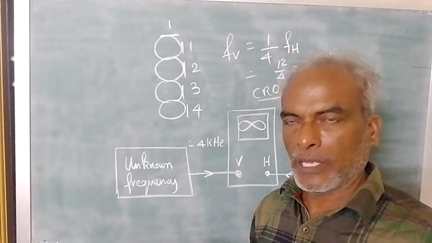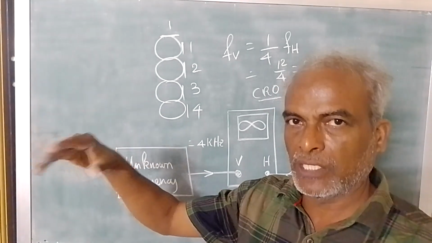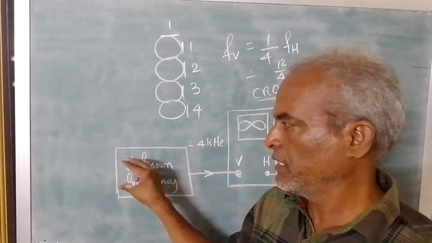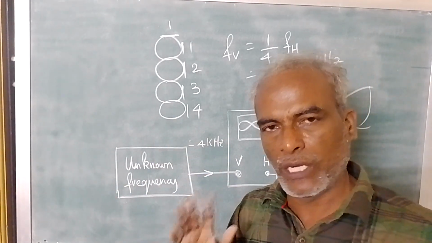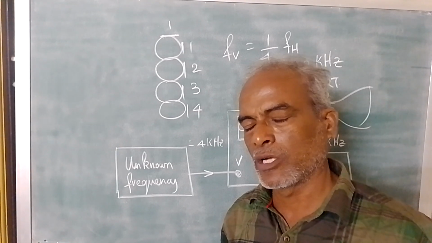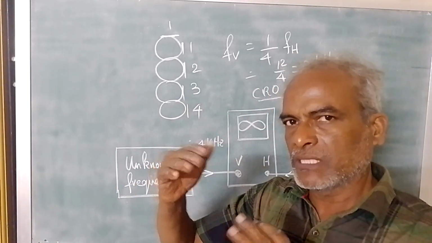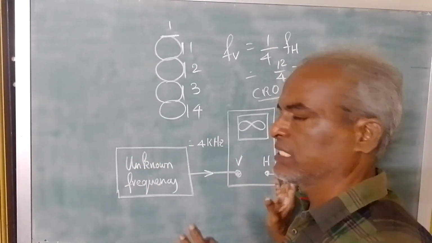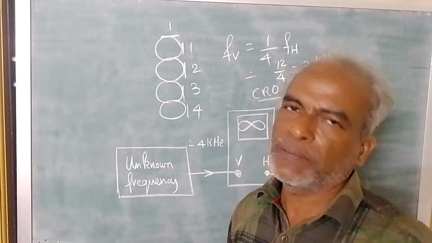So if at all the voltage is going to be very high, say 230 or 100, you step it down using a step down transformer and see that it comes down to 5 volts, because you are worried only about the frequency, not about the amplitude. So you step down and make it 5 volts and then give to the system. Thereby you can measure the unknown frequency of the real time applications.